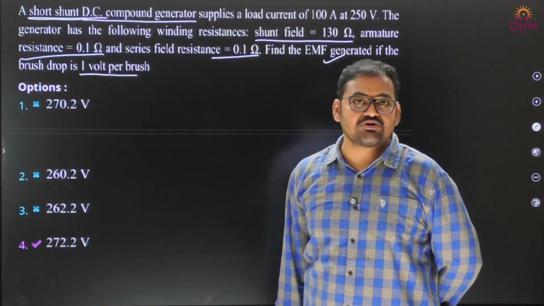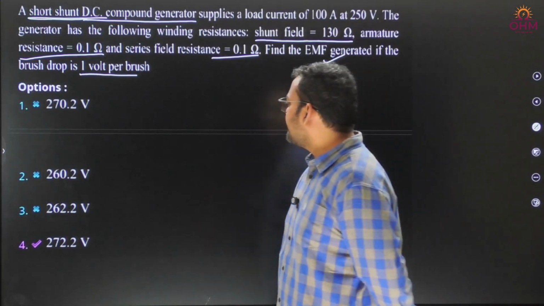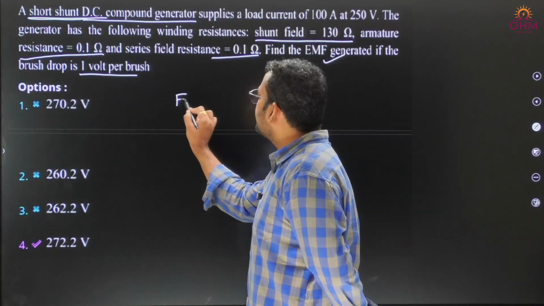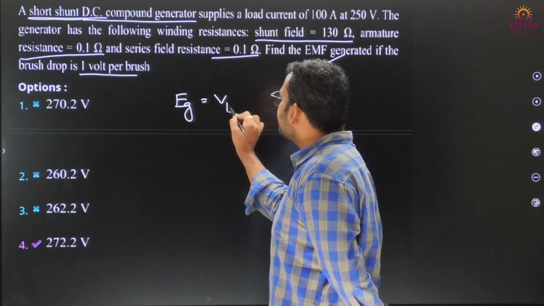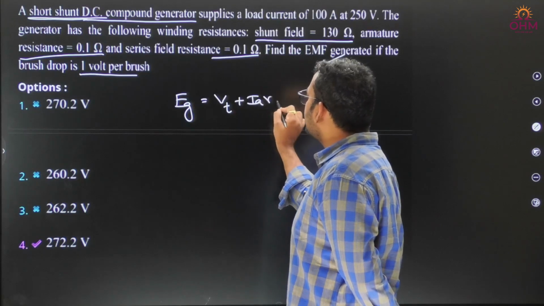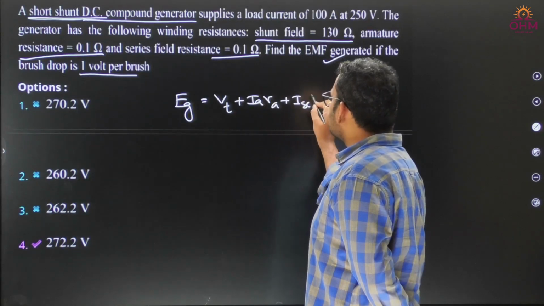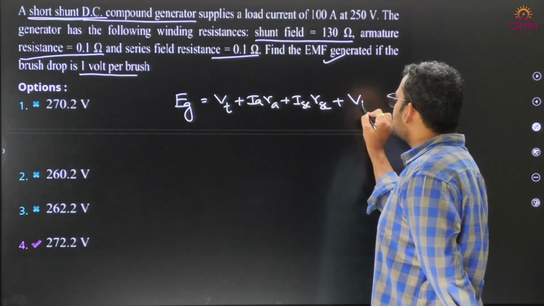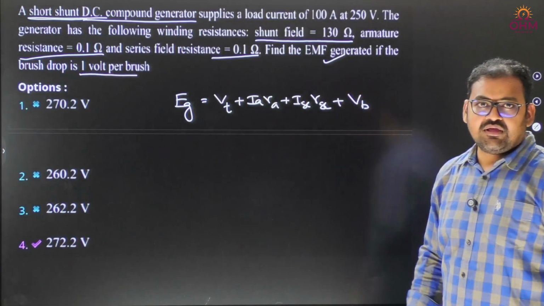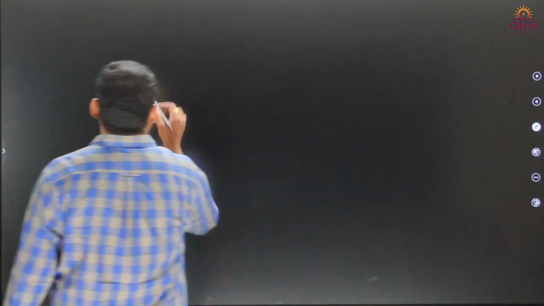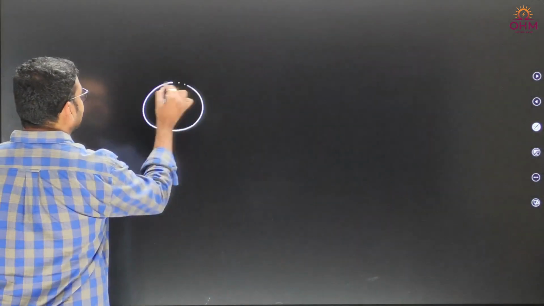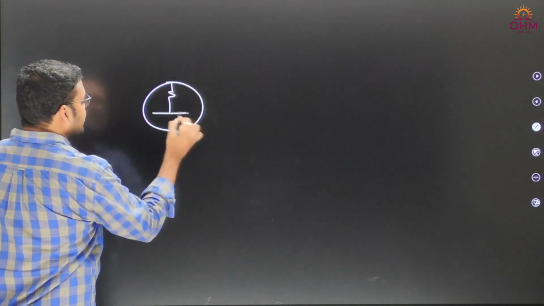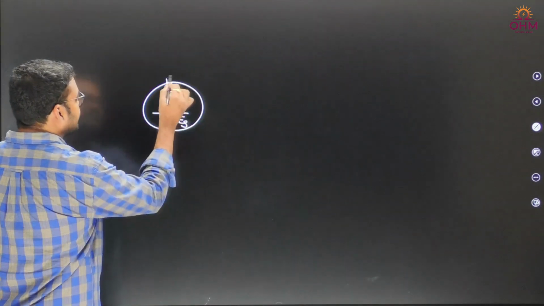So we are just asked to find the generated EMF. What is the formula for generated EMF in a compound machine? It is Vt plus IaRa plus series resistance drop ISE RSE plus overall brush drop Vb. But as it is a short shunt compound generator, first you should have an idea about the short shunt compound diagram. Imagine this is the armature circuit EG.